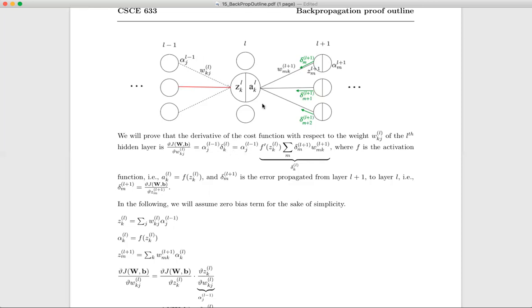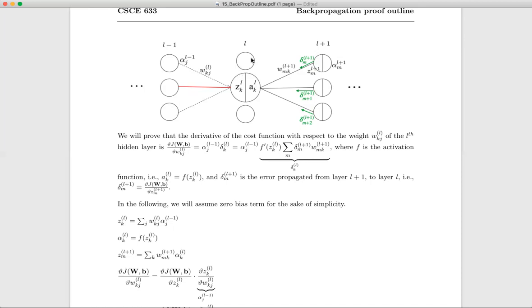This error, we showed, is equal to the first order derivative of the output of the L-th node multiplied by all the errors multiplied by the corresponding weights that come at this specific node.